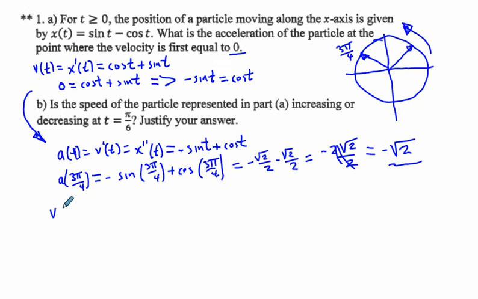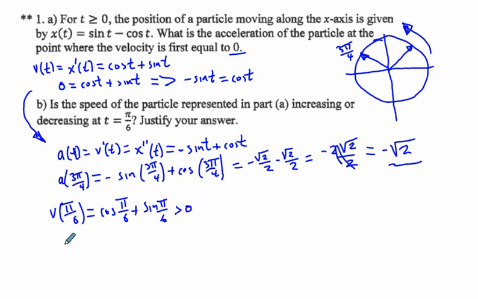So v of pi over 6 equals cosine pi over 6 plus sine of pi over 6, which is going to be square root of 3 over 2 plus 1/2, and that's going to be greater than 0.